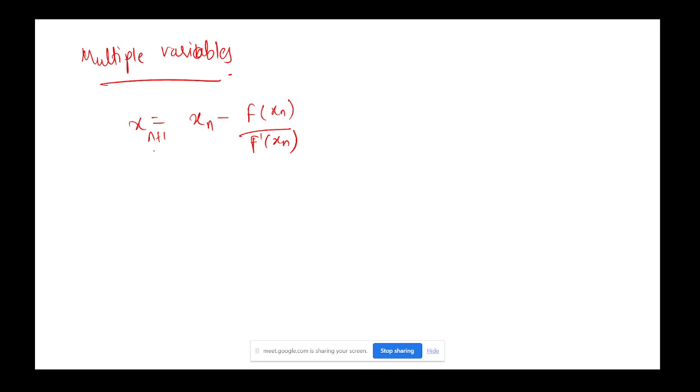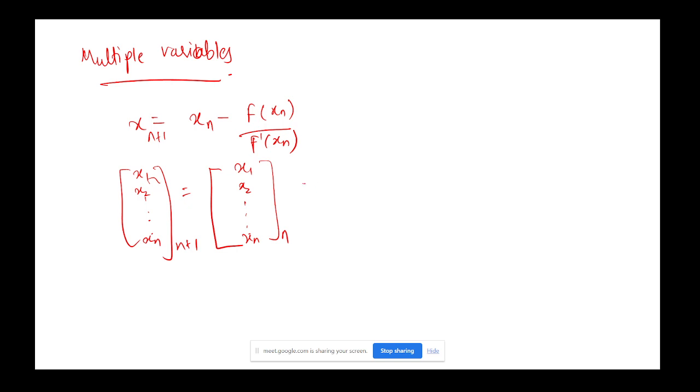So this xn plus 1, if you have n number of unknown variables, say for example x1, x2 up to xn at n plus 1, you write it in such a way, equals x1, x2 up to xn at n, minus... Now this is the derivative term. For a single equation with one variable, that is the derivative.